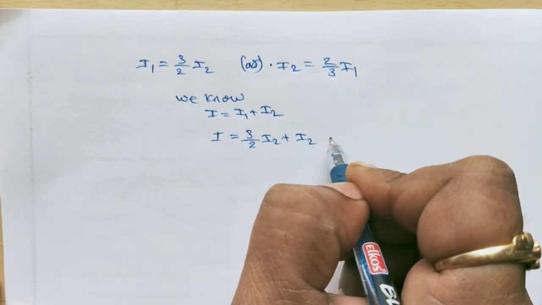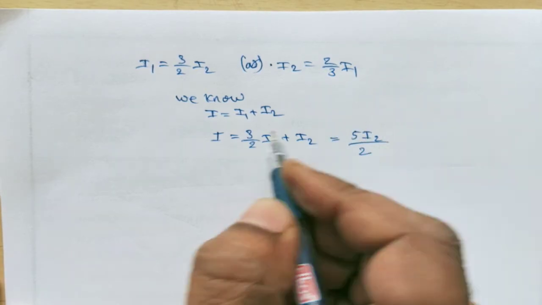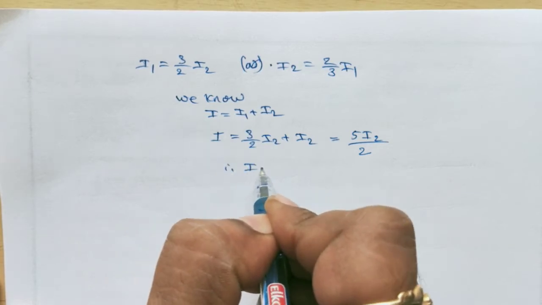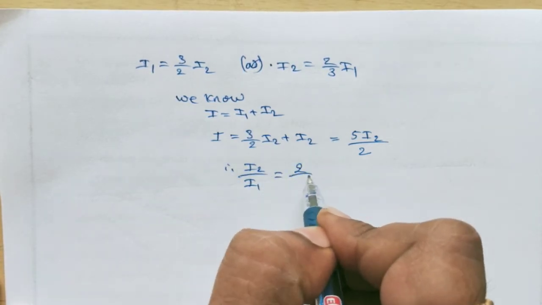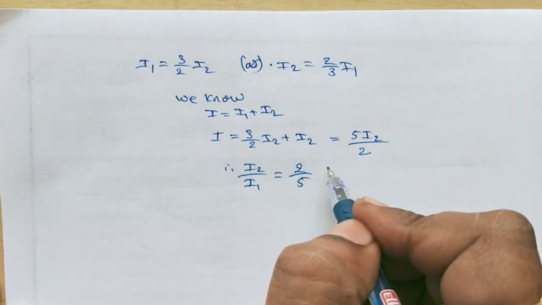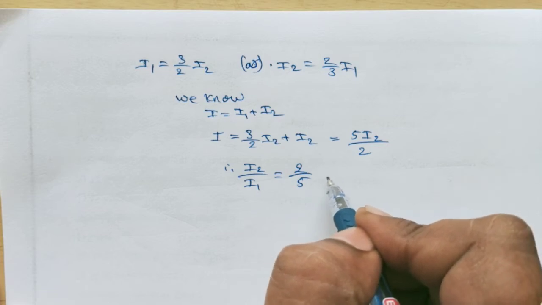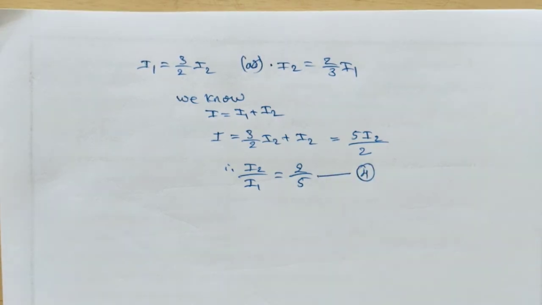On simplification this is 5 I2 divided by 2. Therefore I2 by I is equal to 2 by 5. This is equation number 4.